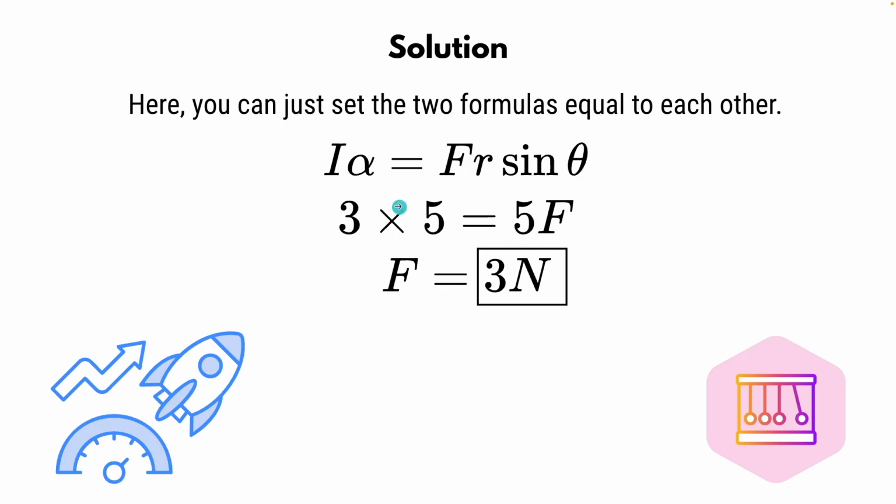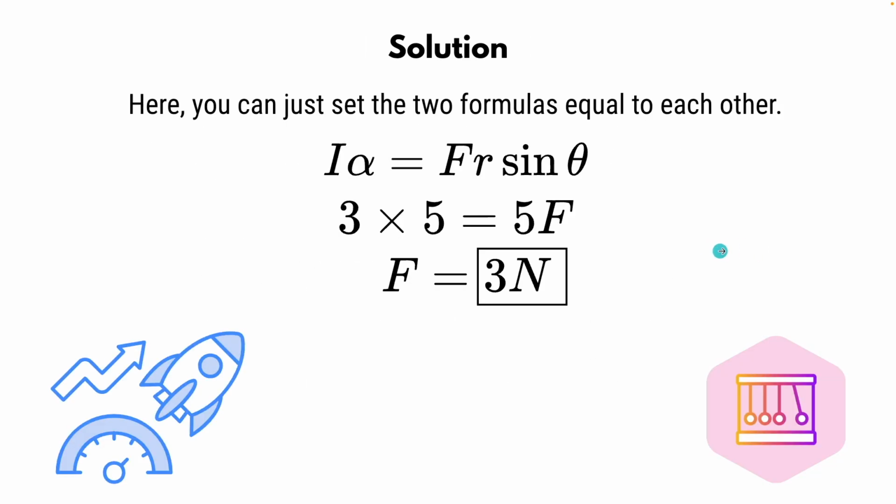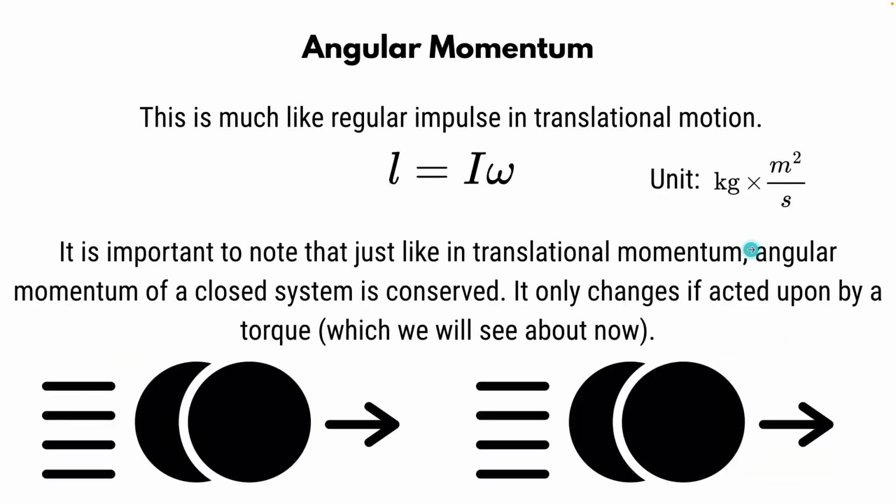We can divide both sides by 5 and we get the force is 3 newtons. That's the force you'd have to apply to get the metal rod to spin and accelerate at that angular acceleration.